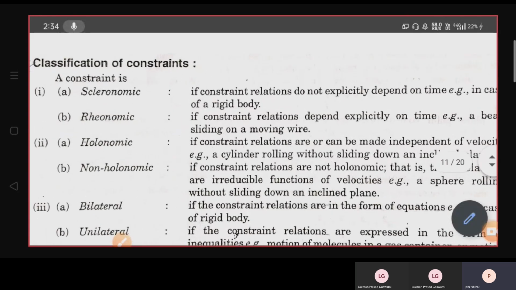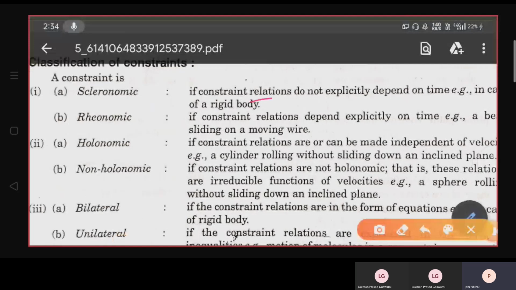When it is scleronomic, the constraint relations do not explicitly depend on time; the restriction of the motion is independent of time. In the case of a rigid body, these constraints are called scleronomic constraints. It is rheonomic when the constraints depend explicitly on time, for example a bead sliding on a moving wire.